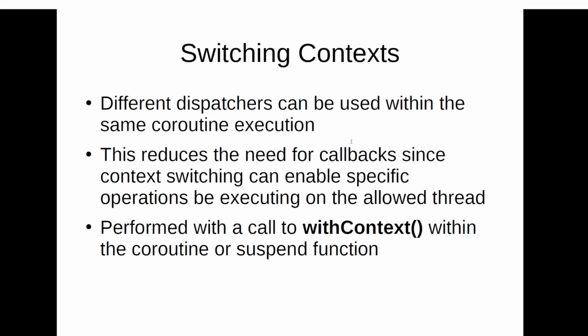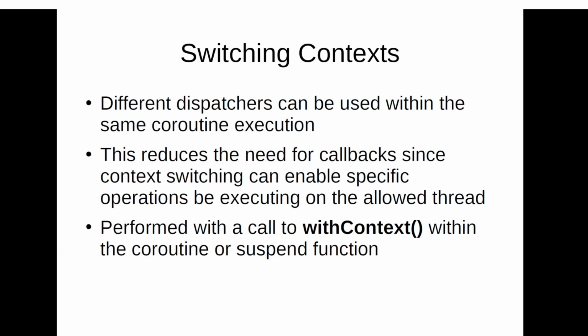This can create very streamlined and easy to read code because we can see in line where a context switch occurred and what code is being executed, instead of using callbacks, which might force us to scan to different areas in our code to see exactly what a particular callback is executing. To perform a context switch, we use the withContext function, where we then specify the block of code that should be executed on a given context.